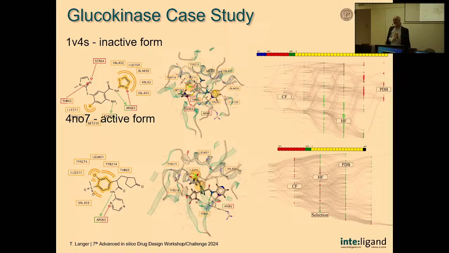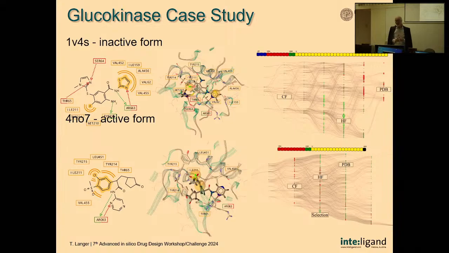Now when we want to find molecules that will stabilize the inactive form, we just select pharmacophores from here for screening. If we want to find molecules that stabilize the active form, we will take pharmacophores from here for screening. They are different, right?